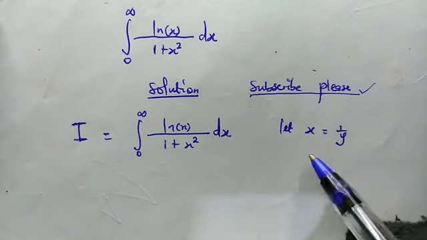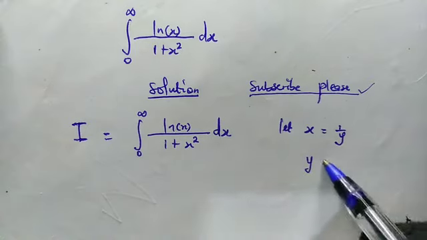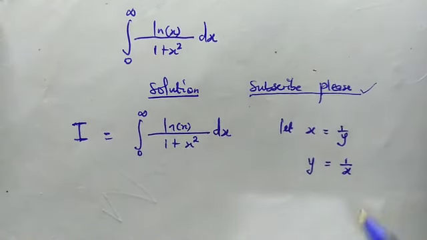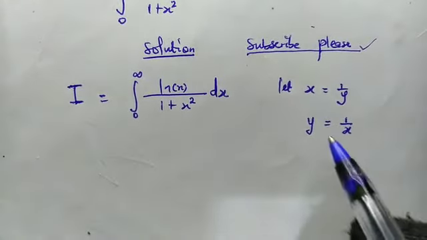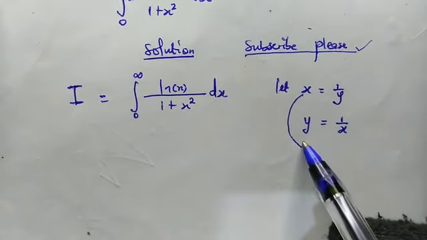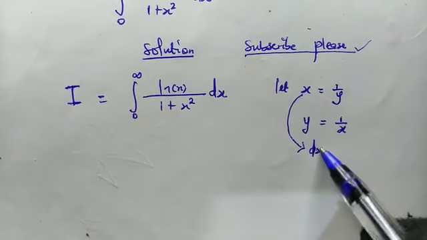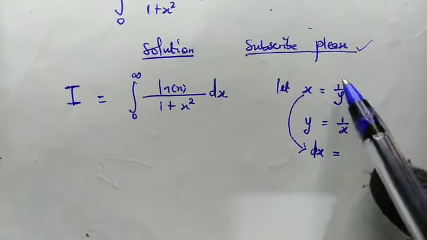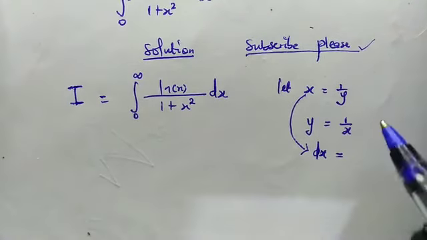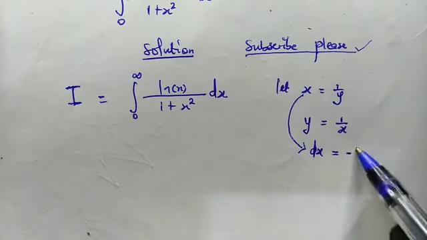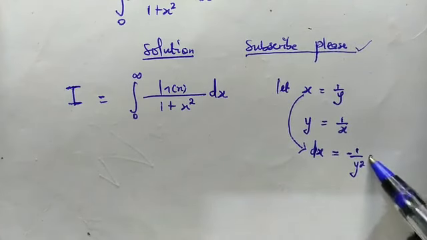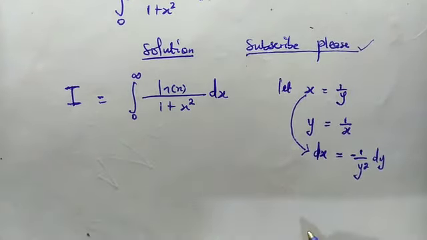If you solve for y, y is actually equal to 1 over x. So let us try to differentiate both sides. On the left, we have dx is equal to the derivative of 1 over y with respect to y, which gives us negative 1 over y squared dy.